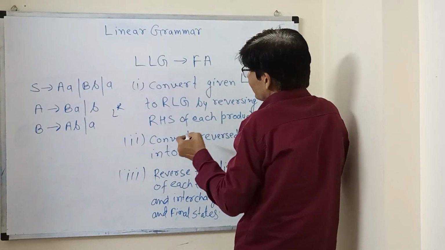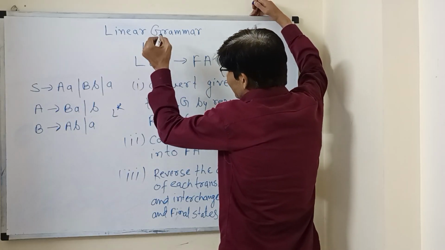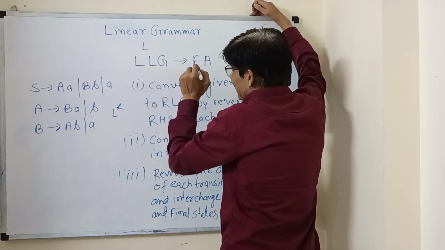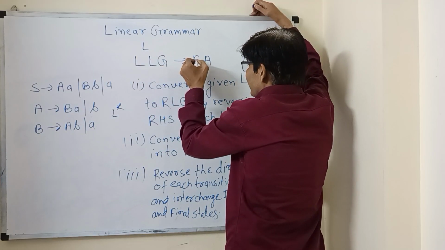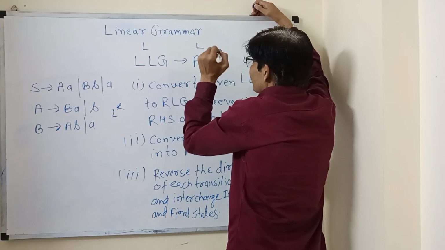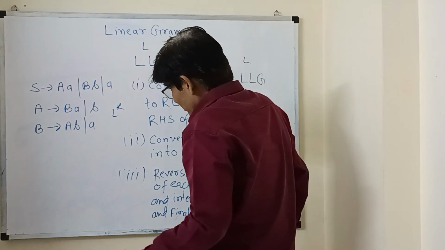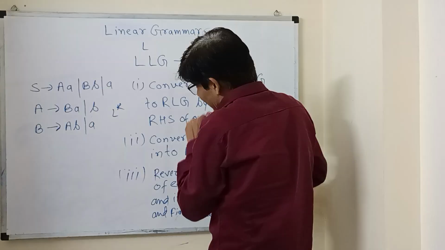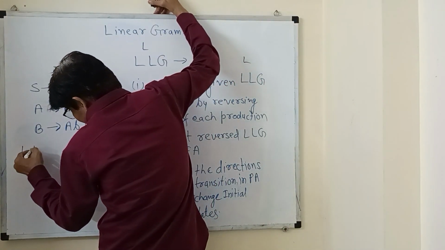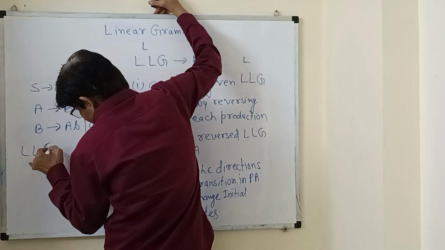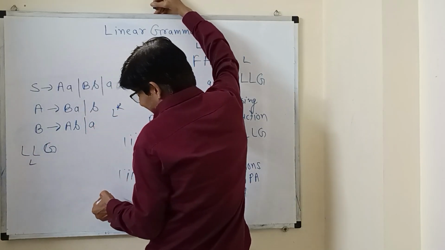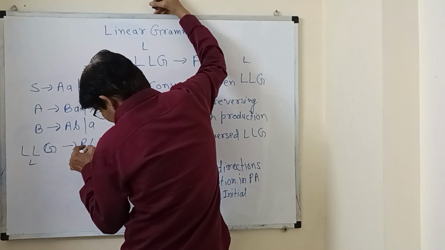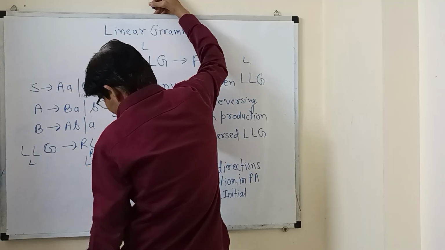That means if the language of the LLG is L, then this finite automata must also accept L. In the first step, we convert LLG to RLG. The language of this LLG is L, and we are converting it to RLG, so the language of this RLG would be reversal of L.